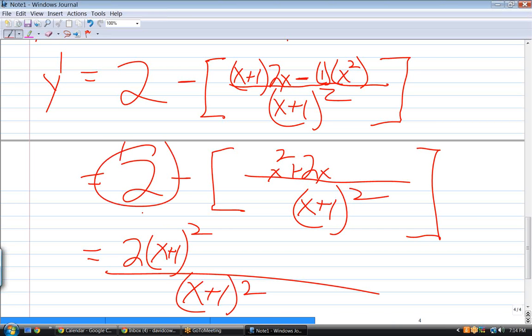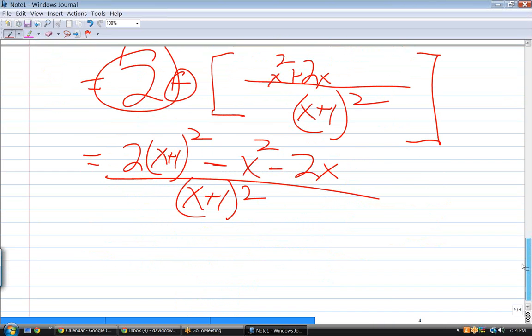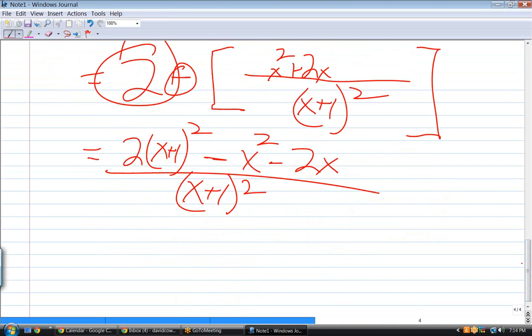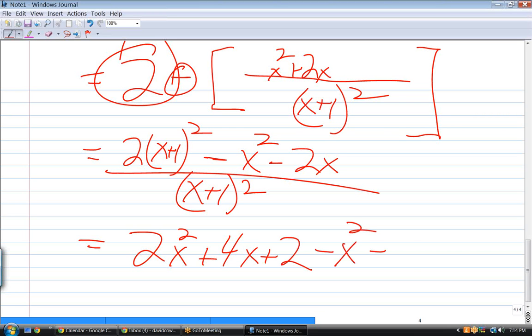That's that part. Minus x squared, and I have to distribute that negative sign, minus 2x. Now notice the top, what does the top become? Let's see. We have 2x squared plus 4x plus 2 minus x squared minus 2x.